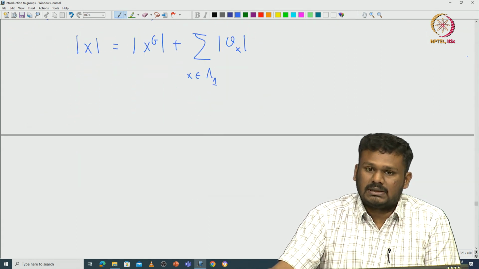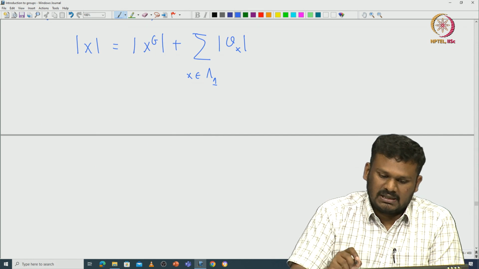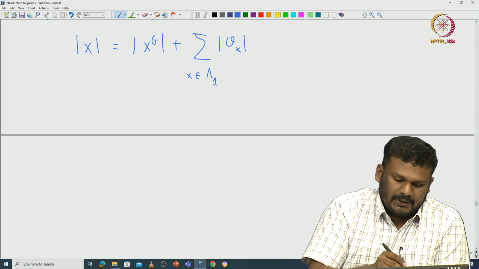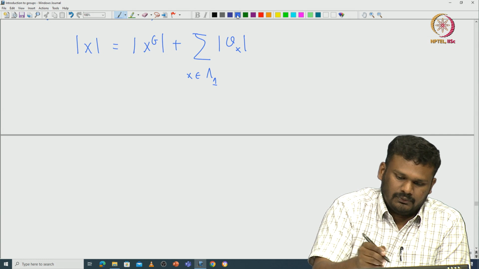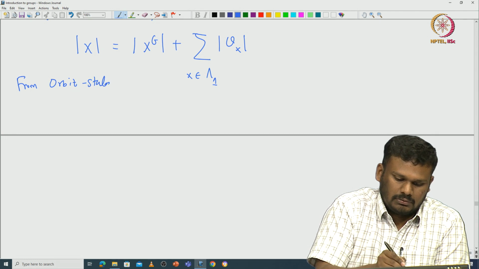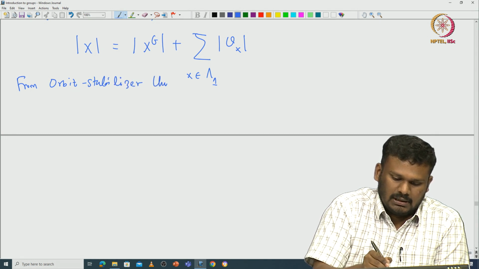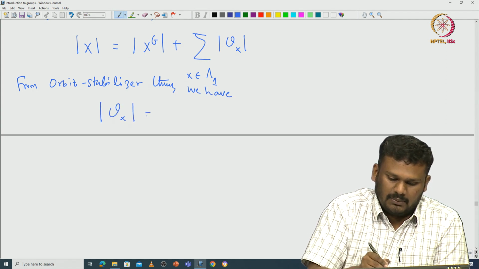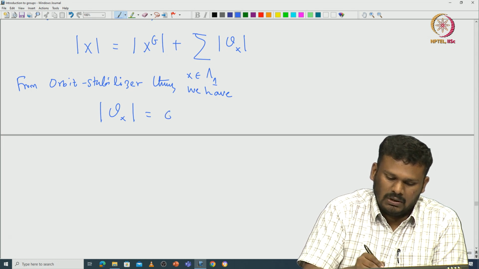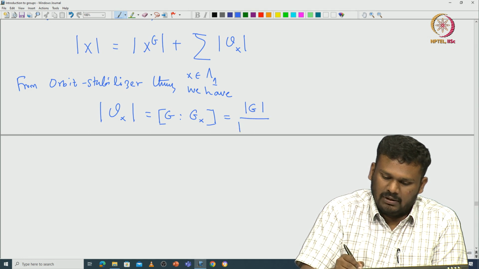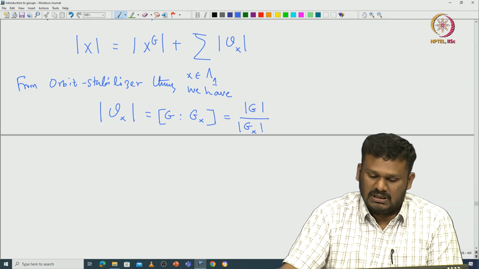Now recall the orbit stabilizer theorem. It tells us how to compute the number of elements in the orbit. Using the orbit stabilizer theorem, we have that the number of elements in the orbit of x is exactly equal to the index of the stabilizer of x inside G, which is exactly the cardinality of G divided by the cardinality of G_x if the cardinality of G is finite.